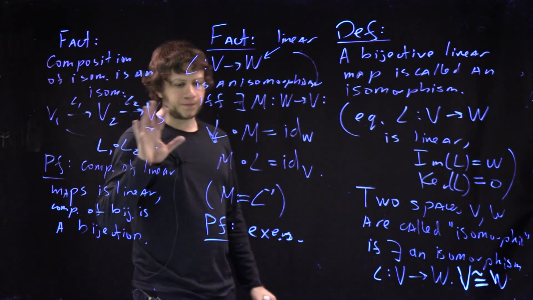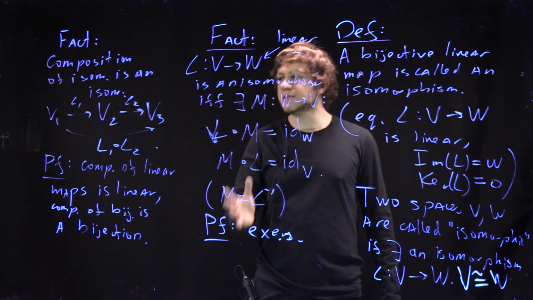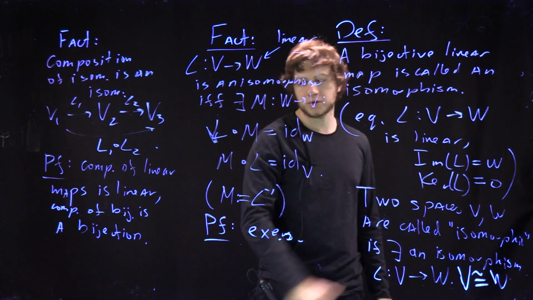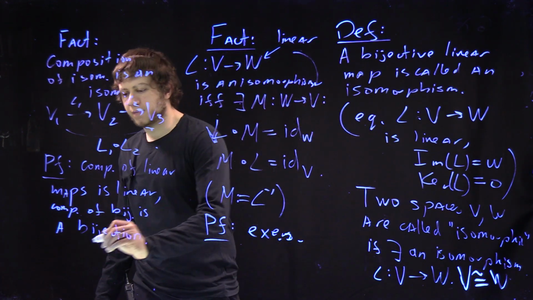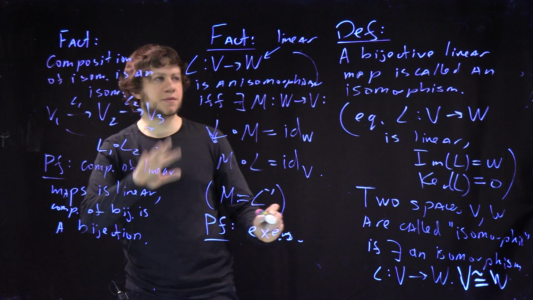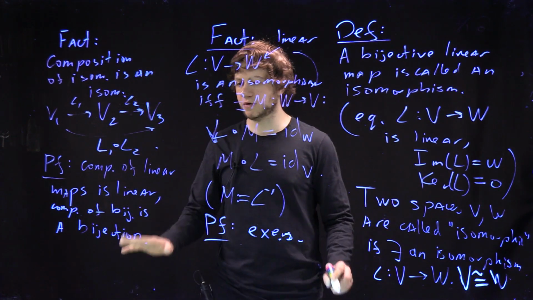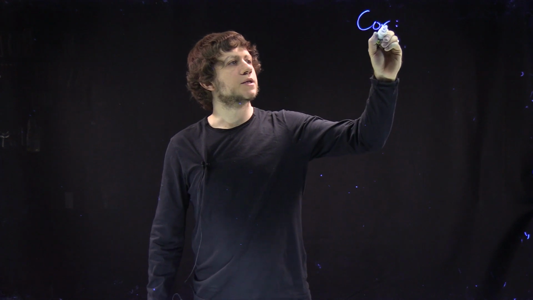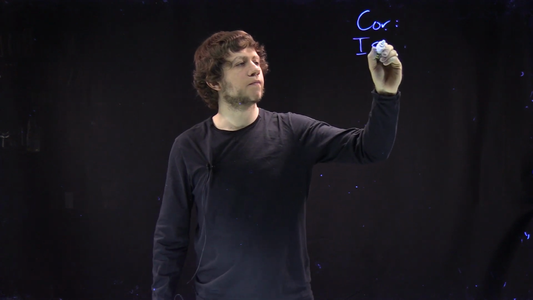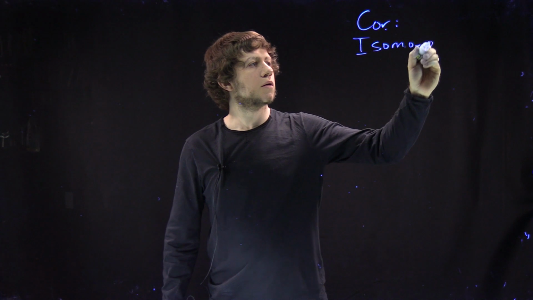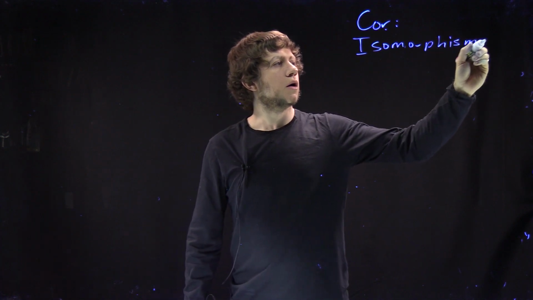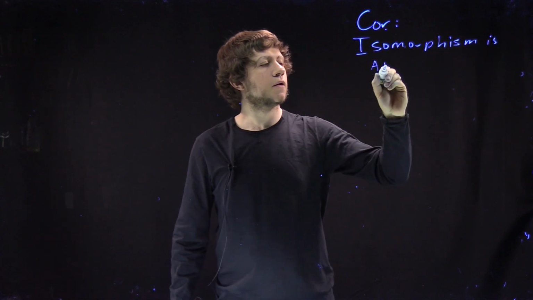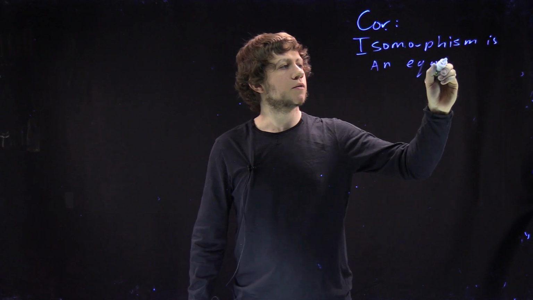And from this you can easily see that isomorphism is an equivalence relation. Let me maybe write that down. Okay, so the corollary is that isomorphism is an equivalence relation.